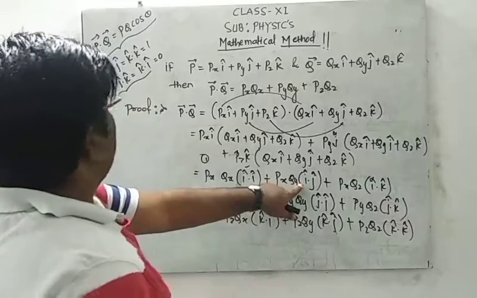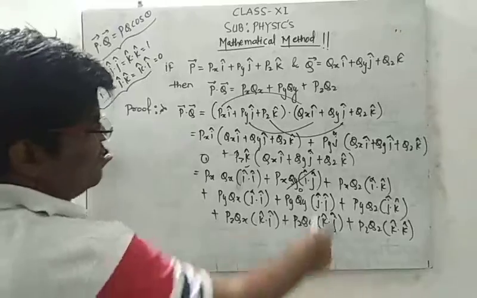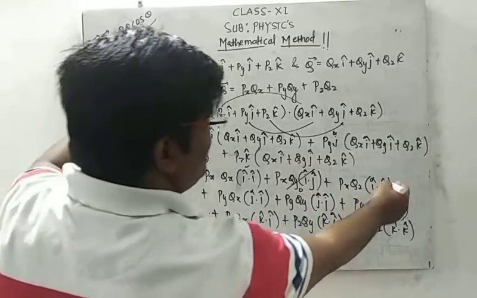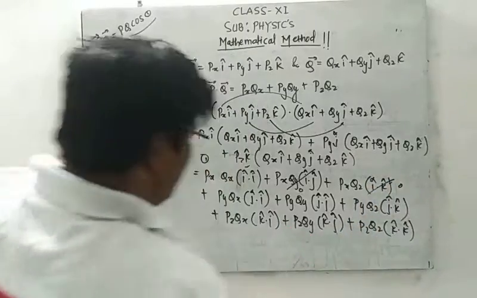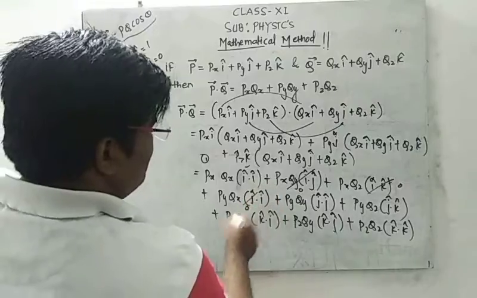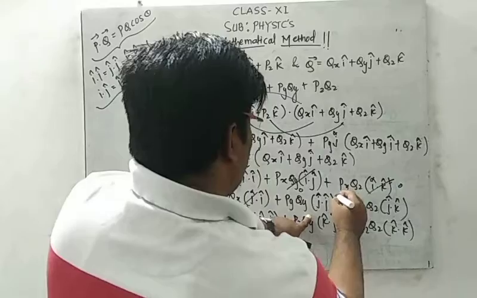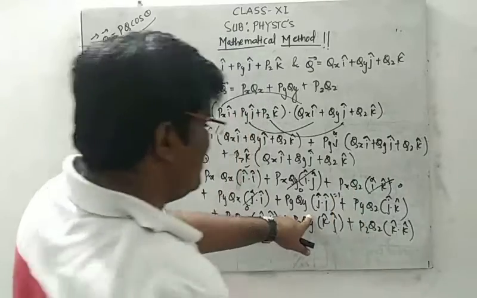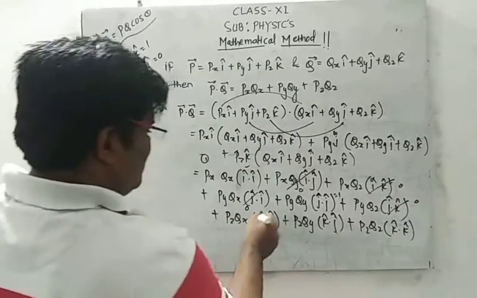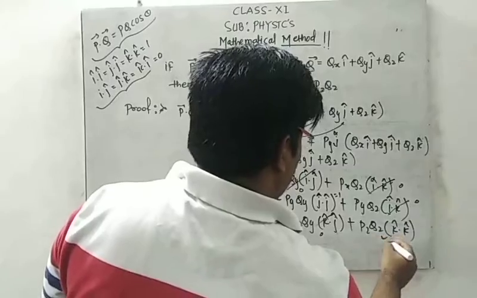I cap dot j cap is equal to 0, which means this term is equal to 0. Px qz, that is i cap dot k cap, is also equal to 0. J cap dot i cap is also equal to 0. This term, j cap dot j cap, is equal to 1, and this term is also equal to 0, this term is also equal to 0, this term is also equal to 0, and this term is equal to 1.